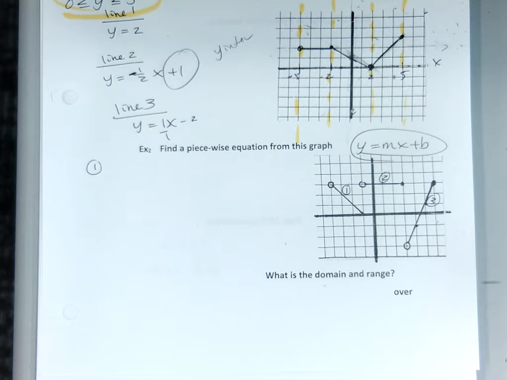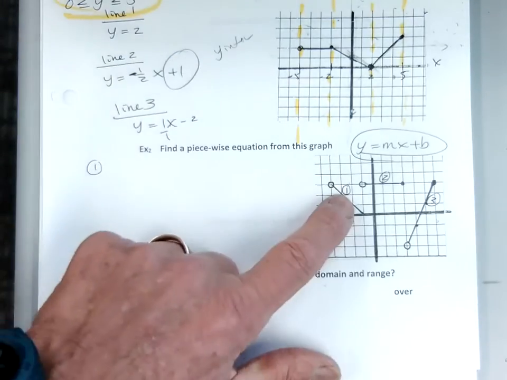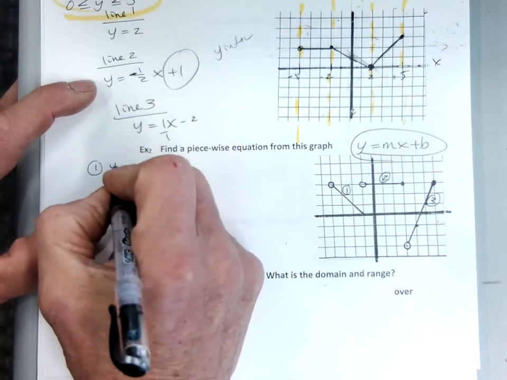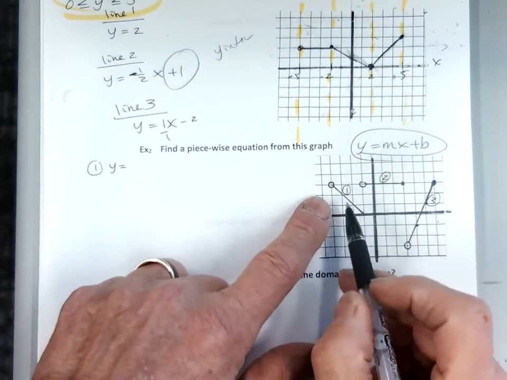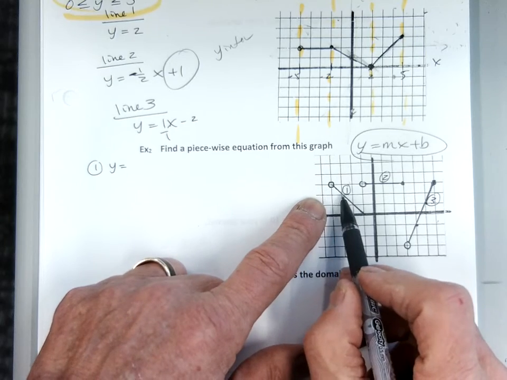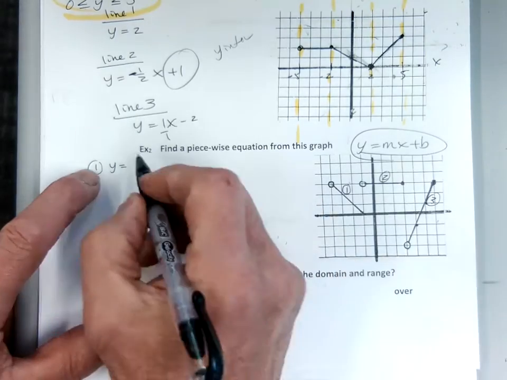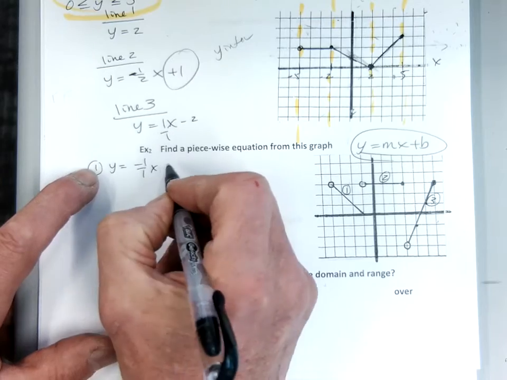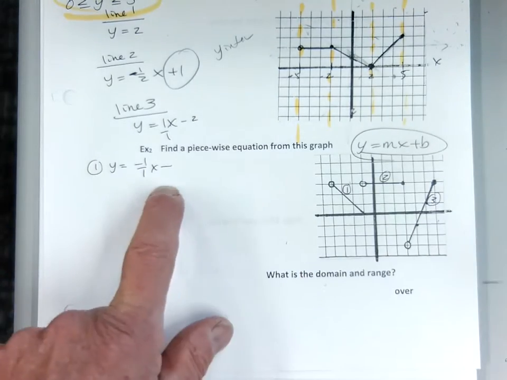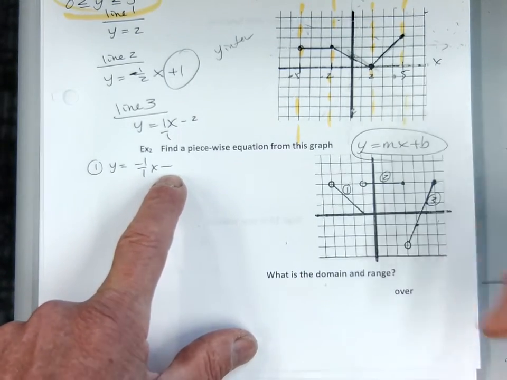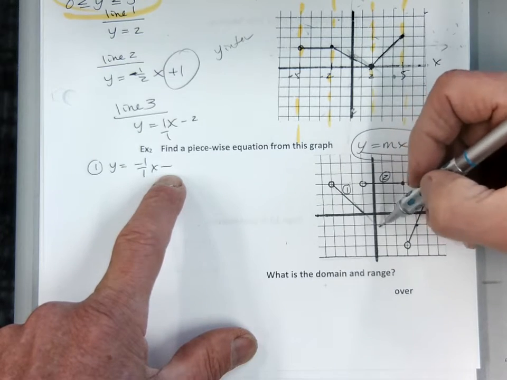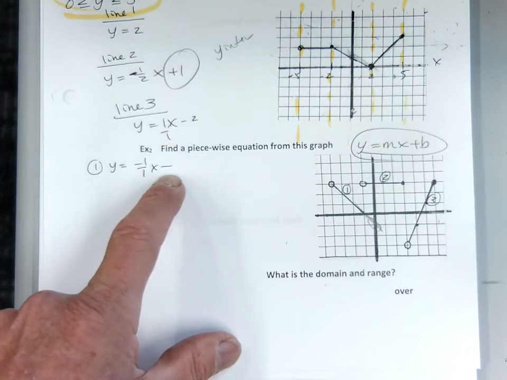So let's take a look at the first line. Line 1 is slanted, so I'm going to use my y equals mx plus b, but the slope is down 1 over 1. So I'm going to go -1 over 1x minus, and it got erased. It was -1.